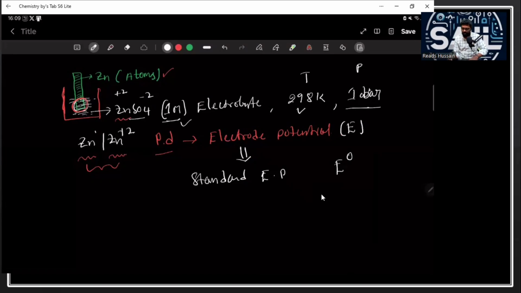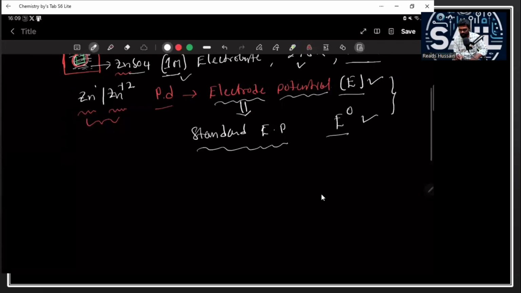Dear students, you must understand the difference between the symbol E and the symbol E naught. E is for electrode potential, E naught is for standard electrode potential. What is the difference? Electrode potential is at any temperature and at any pressure.